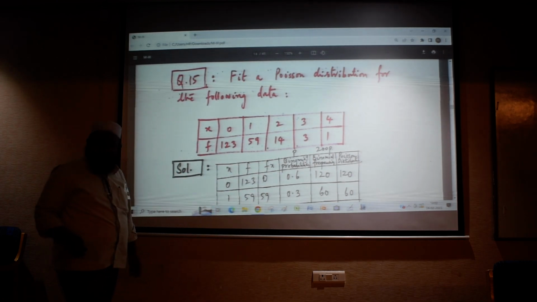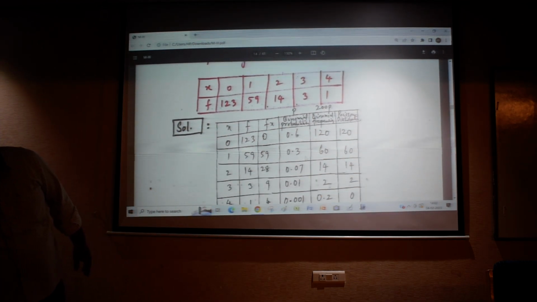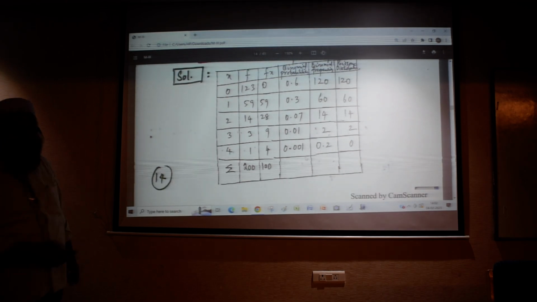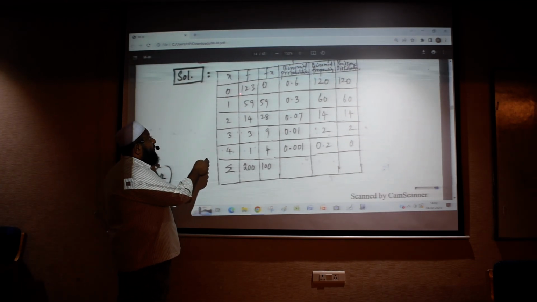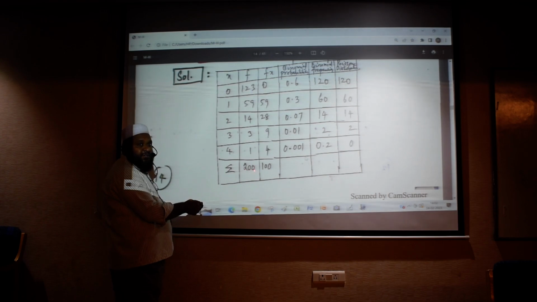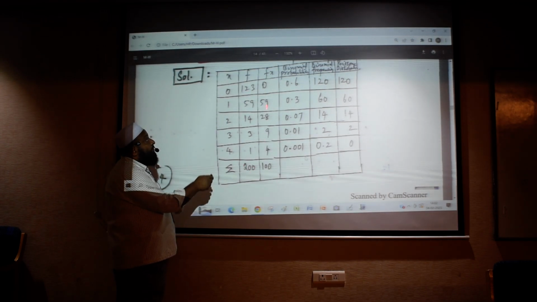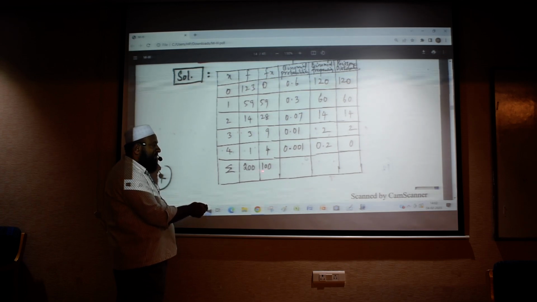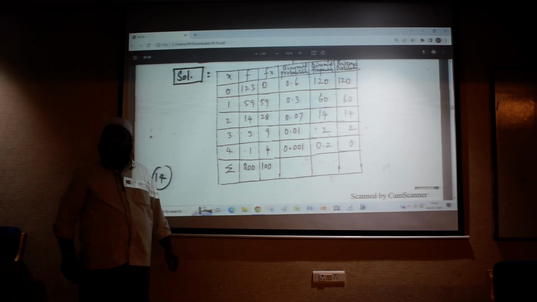So what to do now? Same idea. First of all you write x, and you write f. So what is the total number here? Sigma f is 200. Sigma fx is how much? The total is 100. So what is the mean?